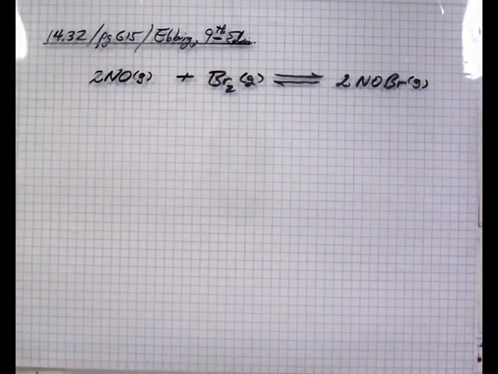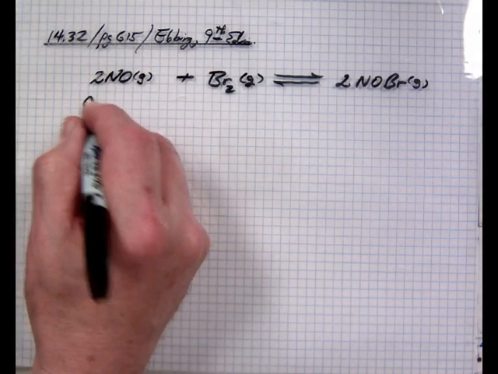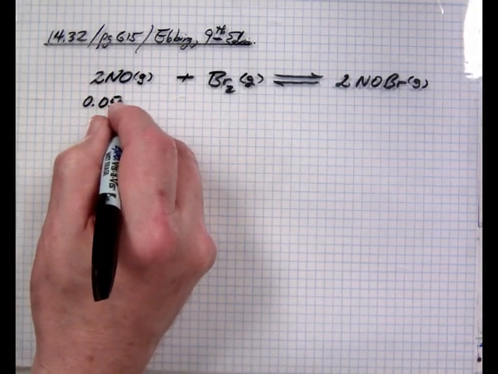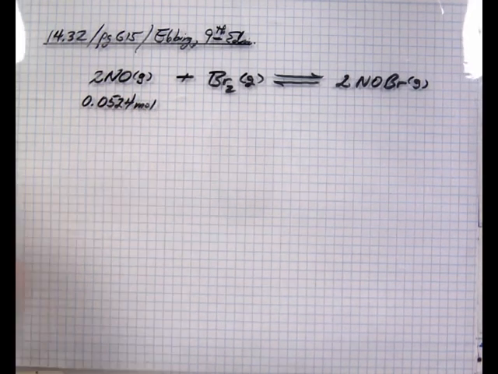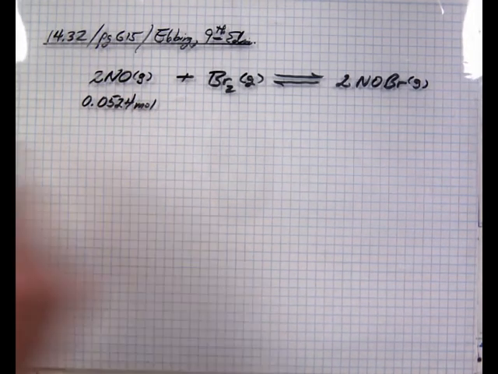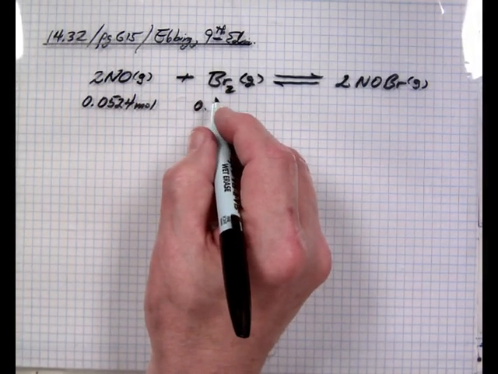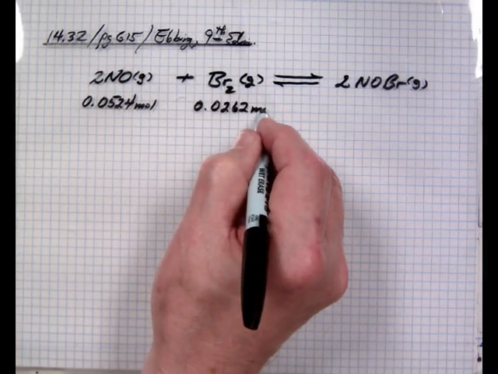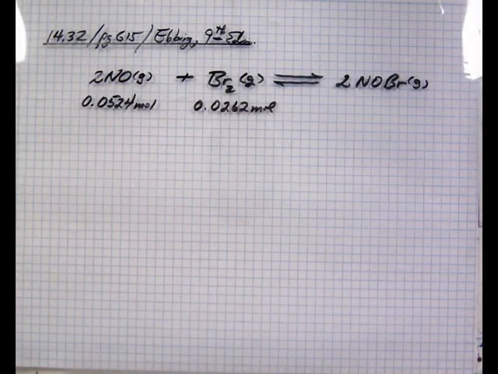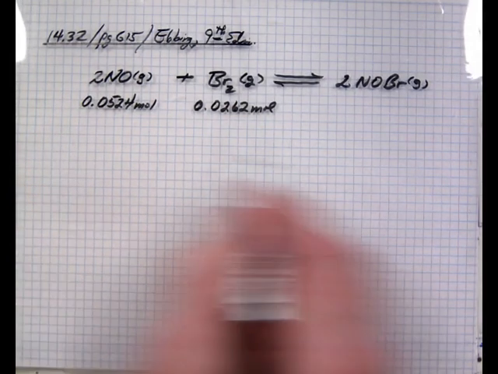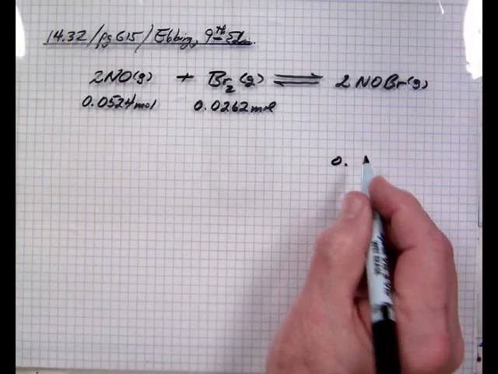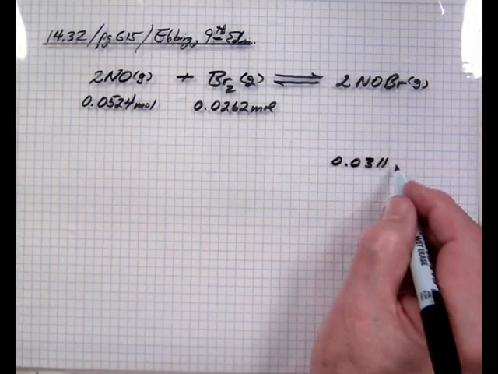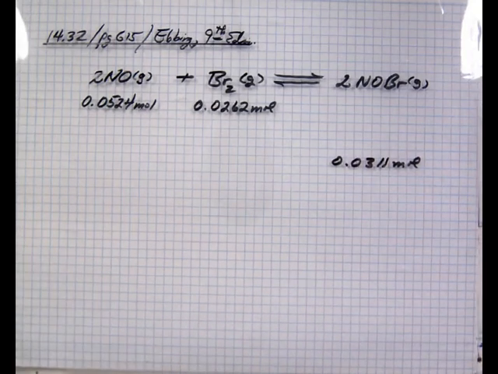A sample of 0.0524 mole of nitrogen monoxide, along with 0.0262 mole of the bromine, gives an equilibrium mixture containing 0.0311 mole of the nitrosyl bromide.